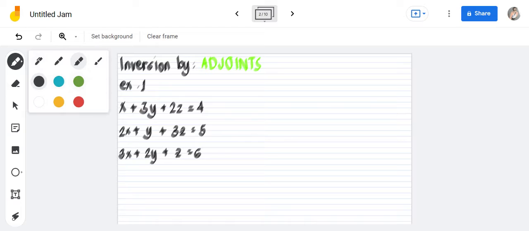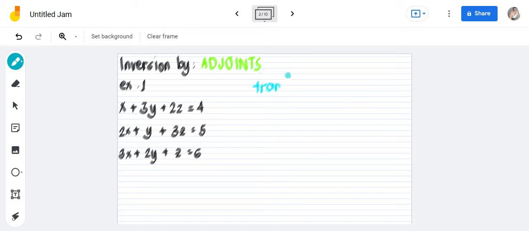So again, what we have to do first is to transform our equations into matrix form, following the format A times X, where A is the matrix of your coefficients, X is the matrix of the unknowns, is equal to the matrix B, which is the matrix of our constants.